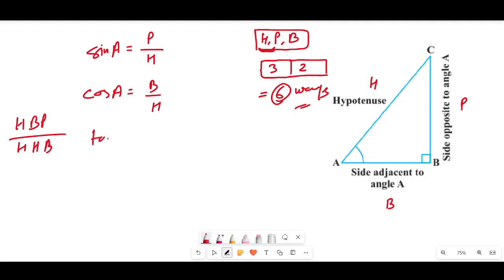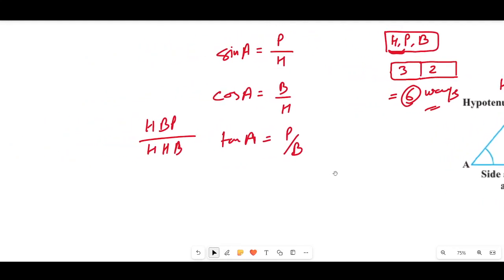Then the third one is tan A equal to P by B, perpendicular and base.